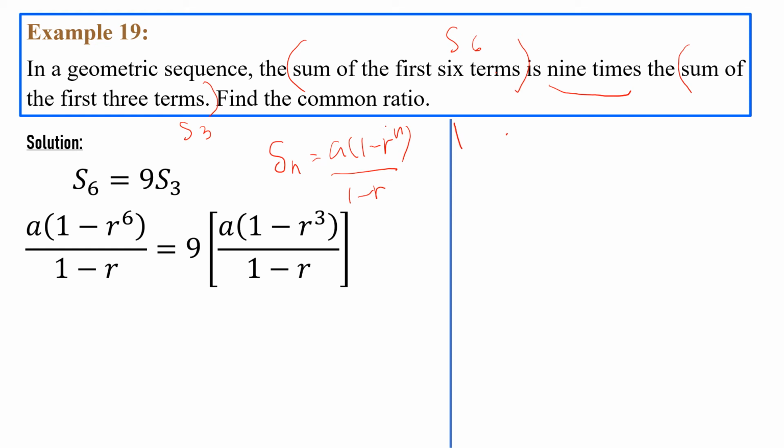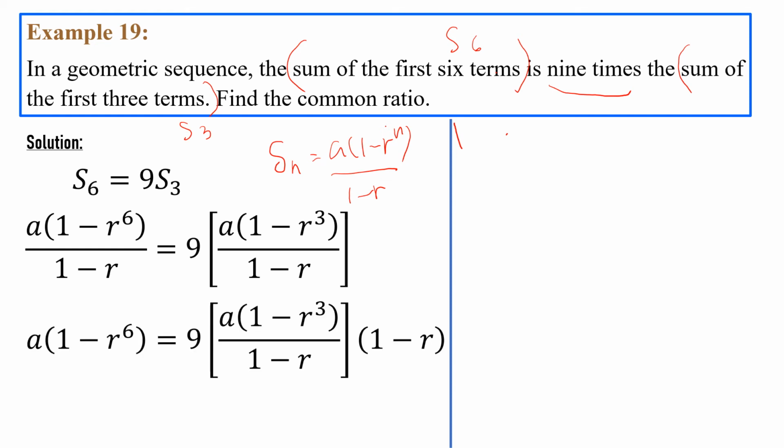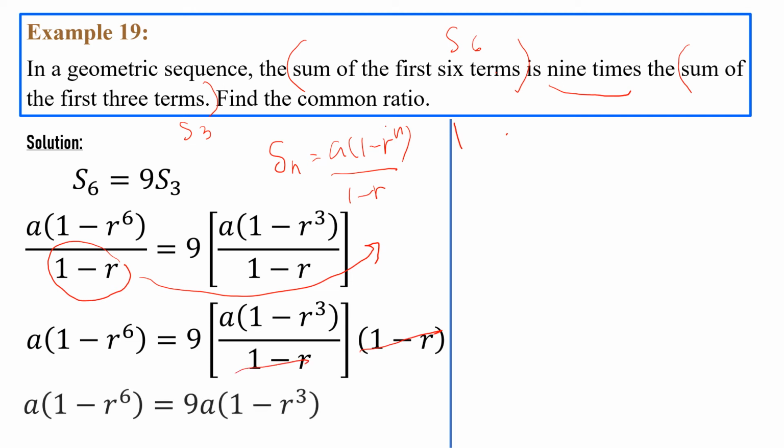And now we want to simplify this equation. We move 1 minus r to the right side and we can cancel out 1 minus r. So now we have a times 1 minus r to the power of 6 equal to 9a times 1 minus r to the power of 3. At this stage, we can cancel out a.